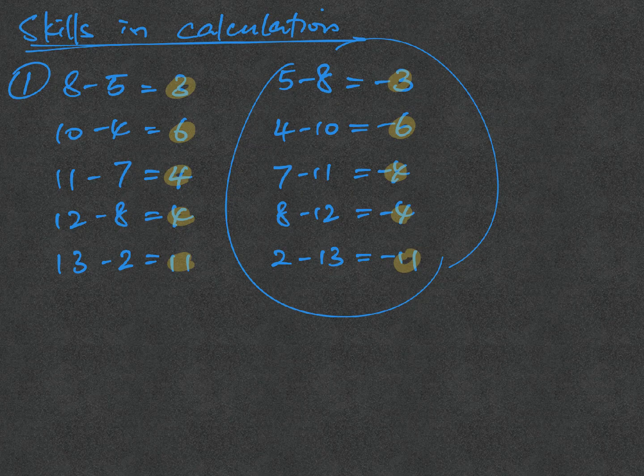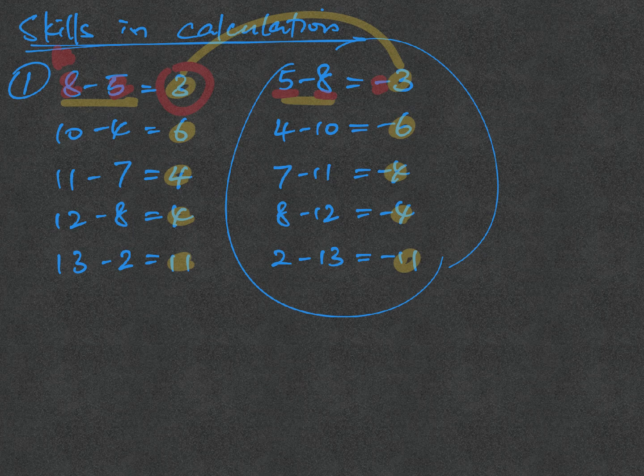So whether you do 8 minus 5 or 5 minus 8, they give you the same number, 3. The only difference is that if you have a larger number 8 minus a smaller one 5, you get a positive 3. If you have a smaller number 5 minus a bigger number 8, you have a negative result.